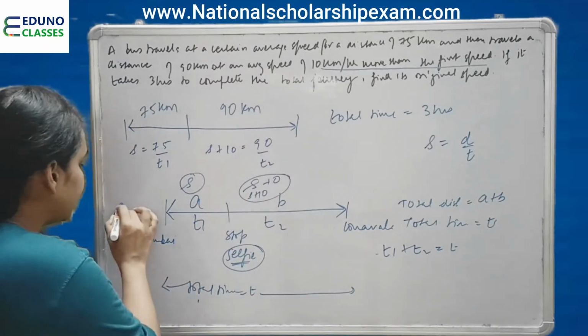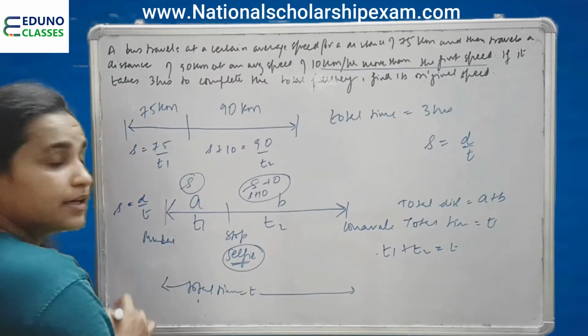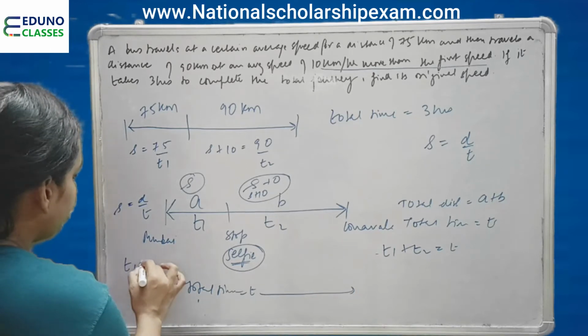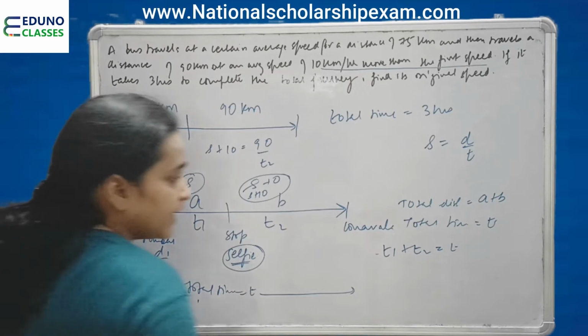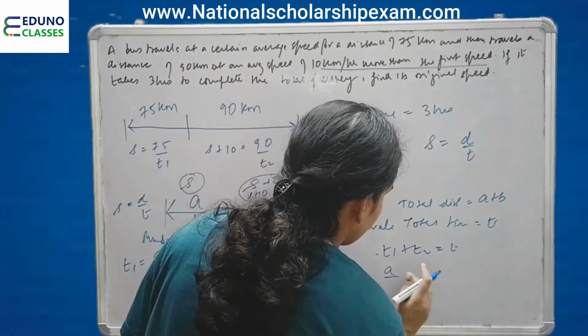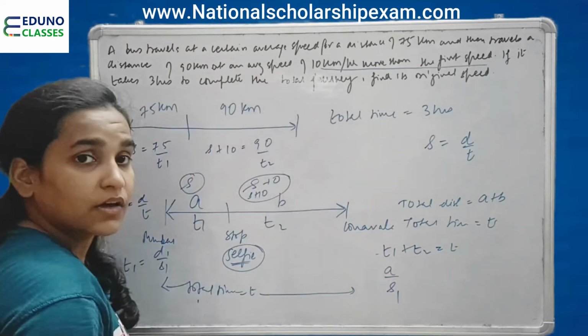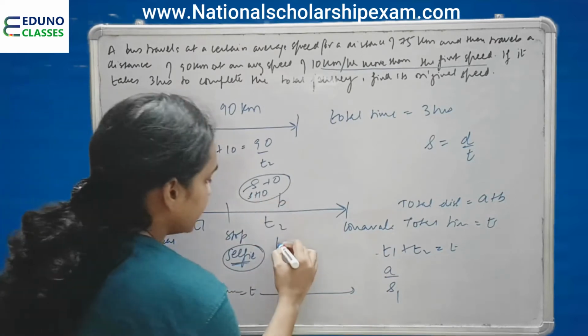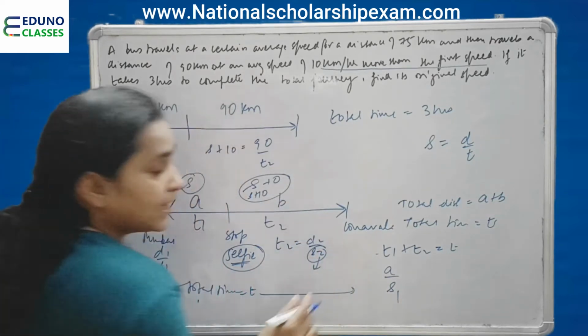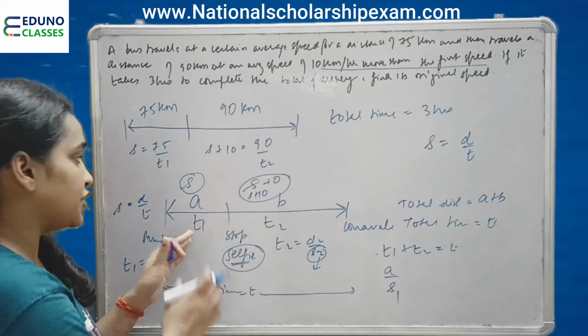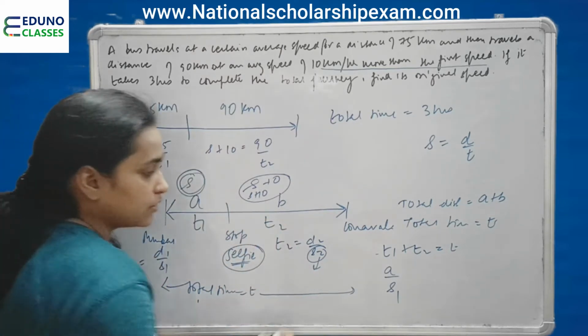And then speed is equal to distance upon time. So for T1 it will be D1 upon S1, and D1 is A, so A upon S1. Now T2 is equal to D2 upon S2, and I know this S2 has a certain relation with S1.